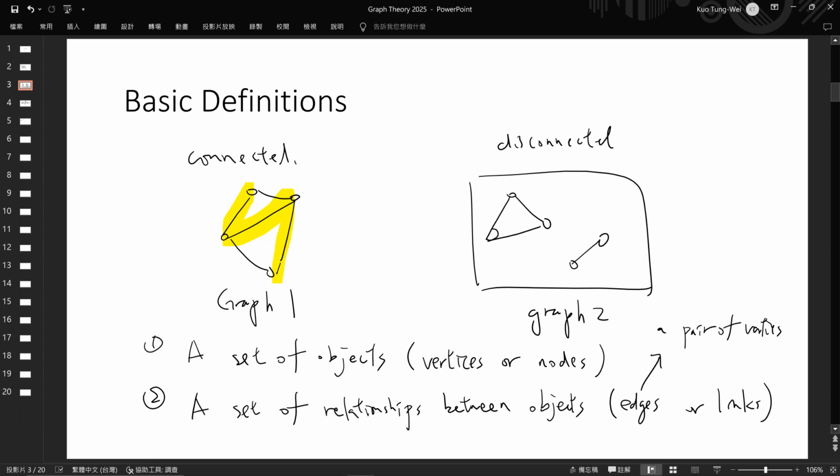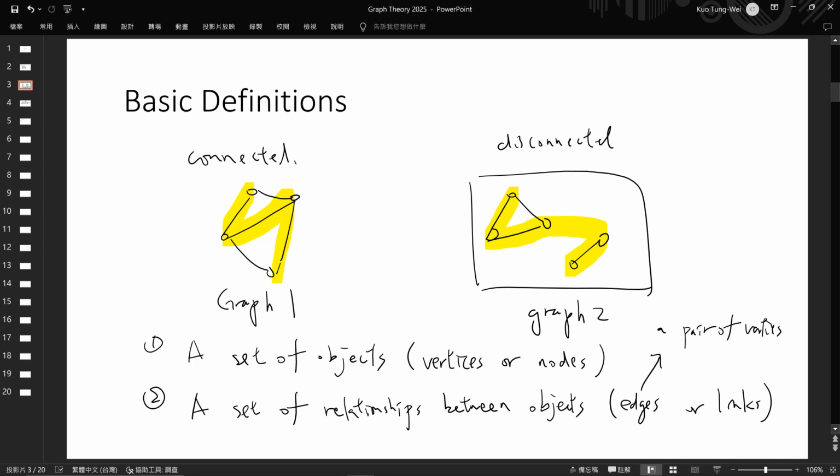And for this one, this is not a path, at least for this graph, because this edge does not exist in this graph. So this one is not a path for graph 2. But this yellow path is a valid path for graph 1.